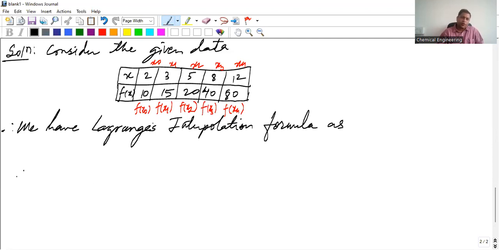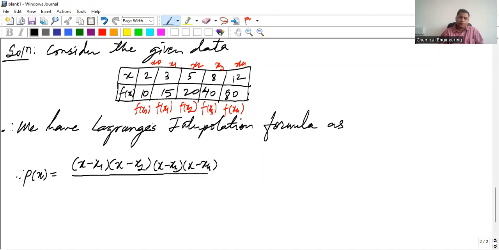So p of x, the polynomial, is equal to: we have x minus x1. This term corresponds to x0, so we will not take x0. x minus x2, x minus x3, x minus x4. Now here we have x0 minus x1, x0 minus x2, x0 minus x3, x0 minus x4.